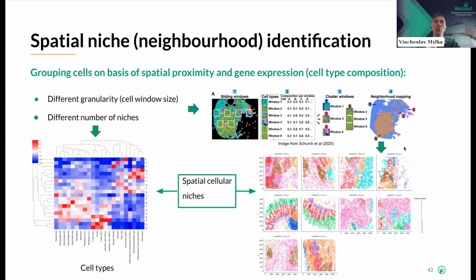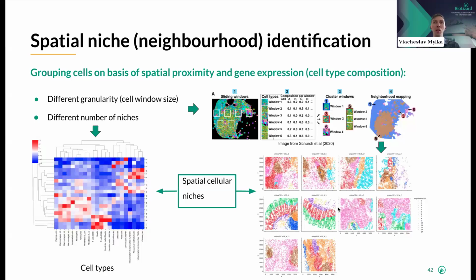So by this, they generate a large matrix, which then can be clustered into, for example, 15 or 20 clusters, which are those spatial niches. And then you can see in the right lower corner an example of 15 spatial niches on these 10 fields of view.